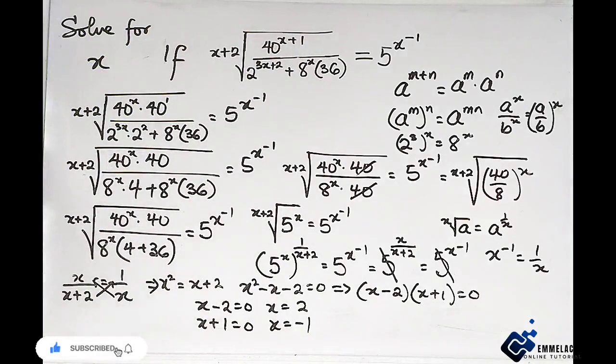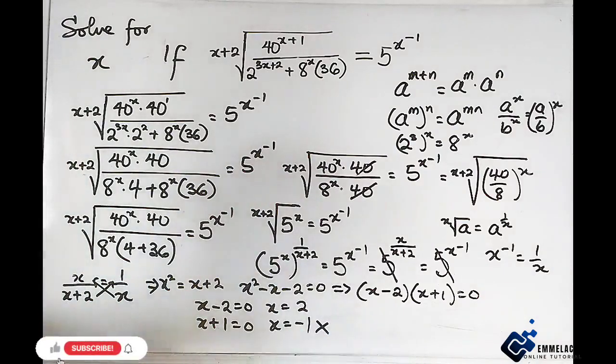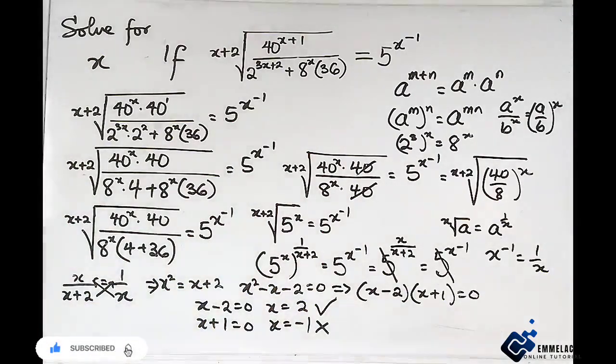At this point the value of x equals 2 or -1. But -1 won't go, so x will now be equal to 2. Final answer.